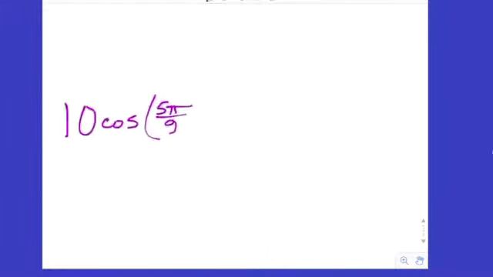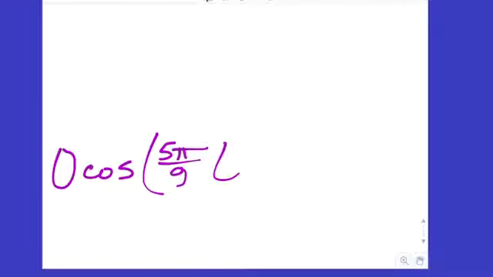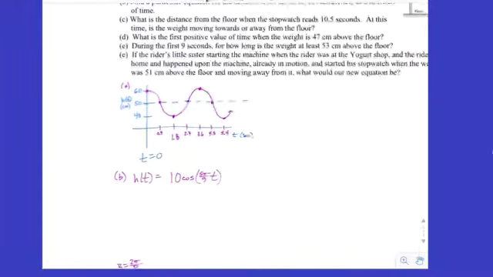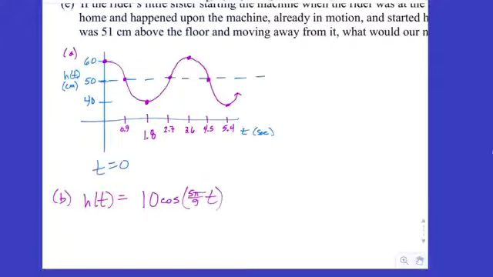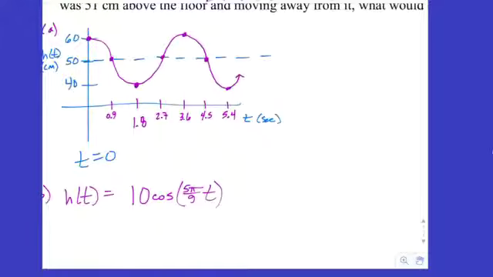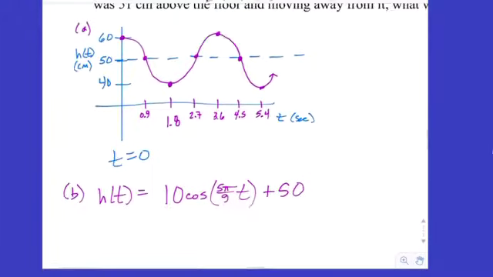But we'll keep it nice and easy, and we'll put a T there, no phase shift. And do we have a D value? Yeah, positive 50. So much like question 1 on the notes yesterday, this one's pretty easy, because at T equals 0 we have a critical value.